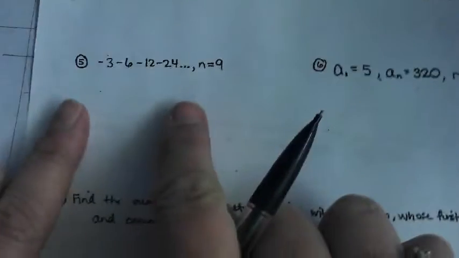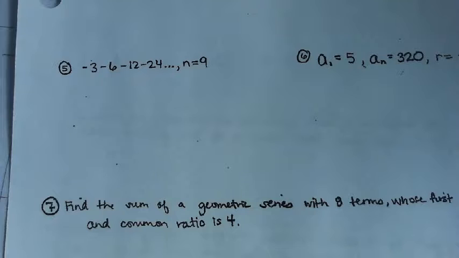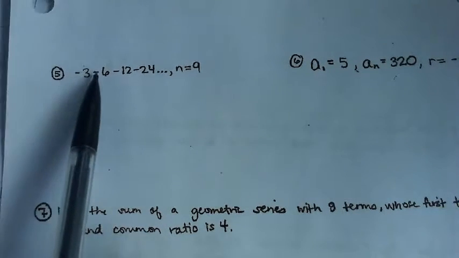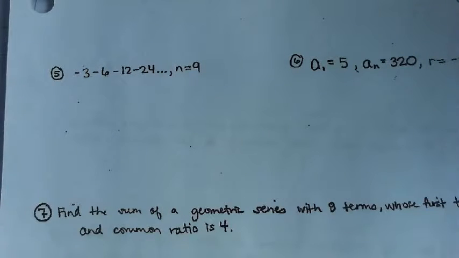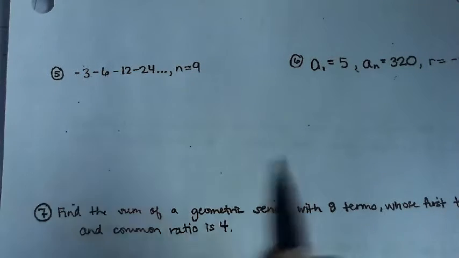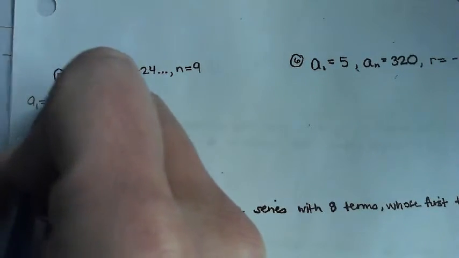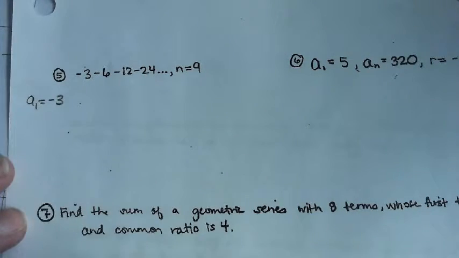Okay? Number 5 gives different information. You're taking -3, and then you're going to subtract 6, then you're going to subtract 12. So, what's A sub 1? -3. What is your ratio?